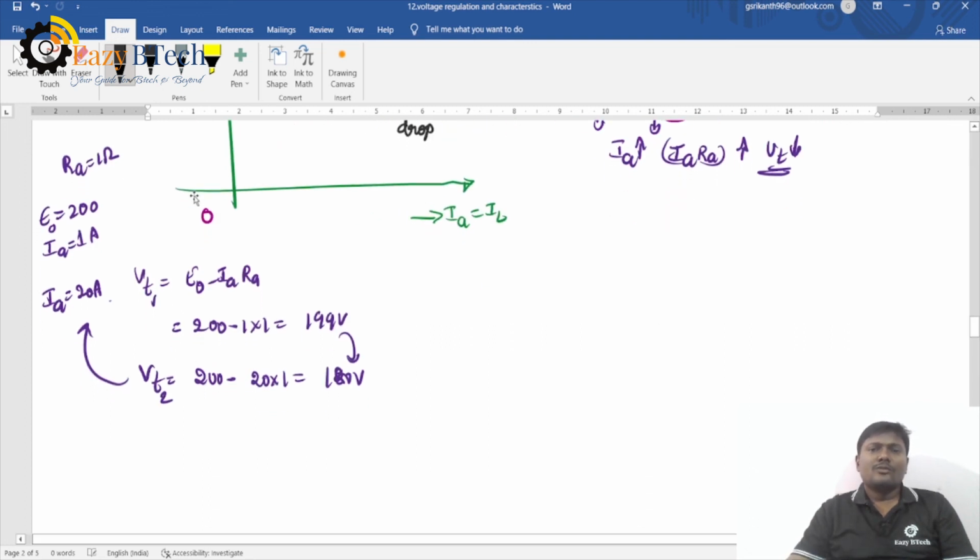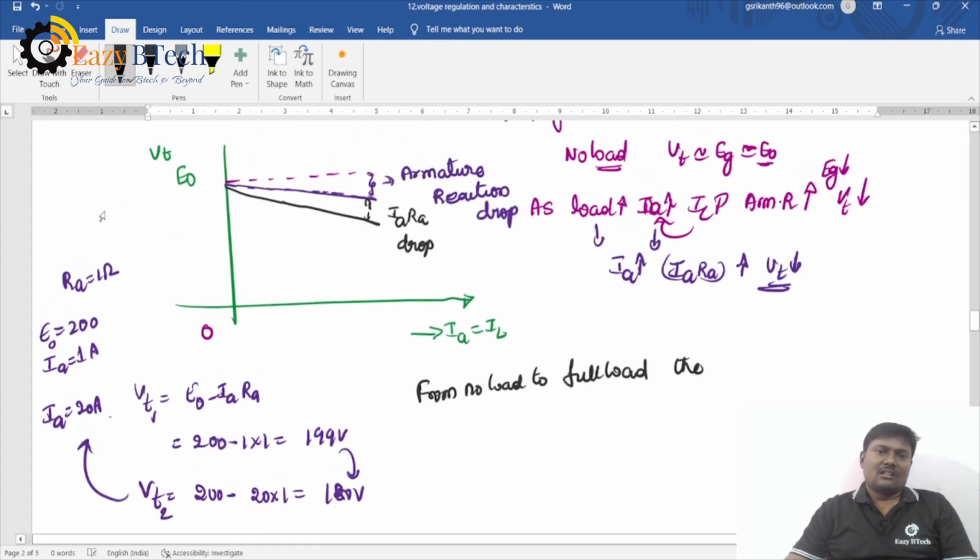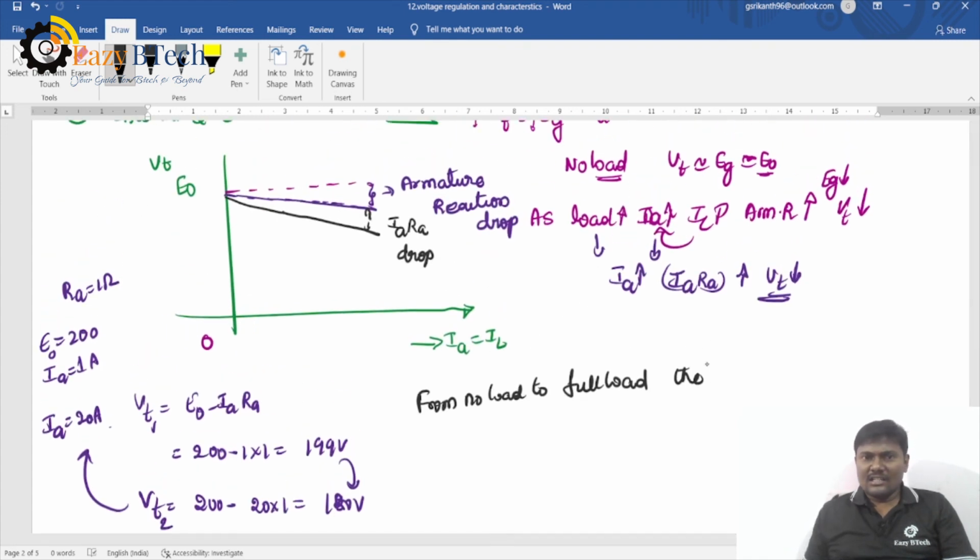From no load to full load, the terminal voltage is almost constant.